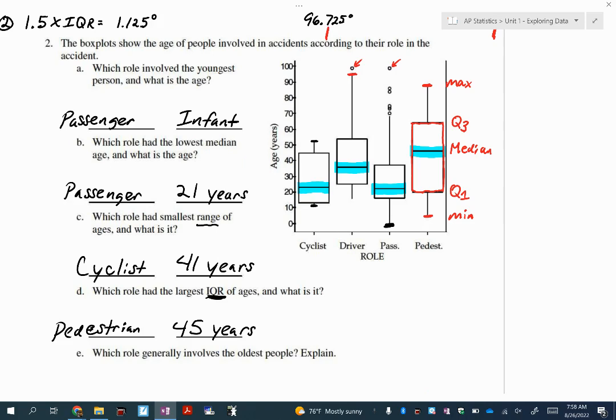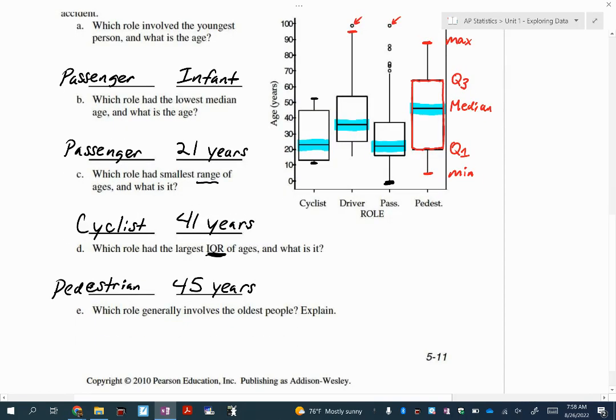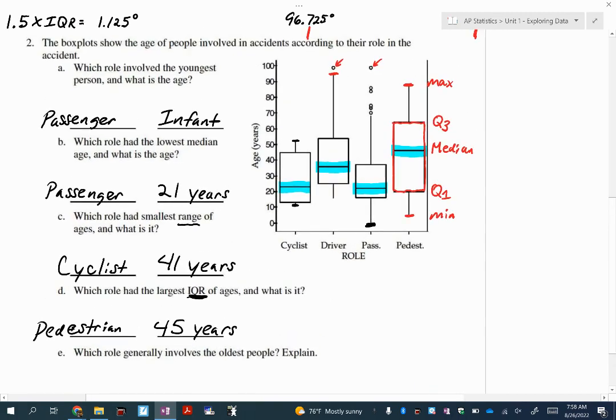But the key thing I look at here, and I'll highlight it for you, is that the median right here for pedestrian is around 45. If I highlight north of that 45 all the way up to the maximum for pedestrian, which is about high 80s maybe, you know the median splits the data in half.